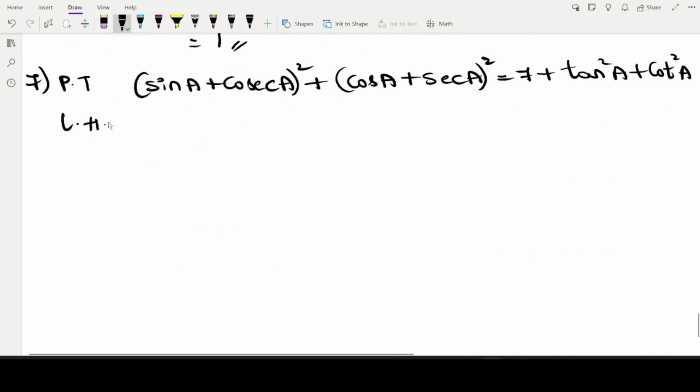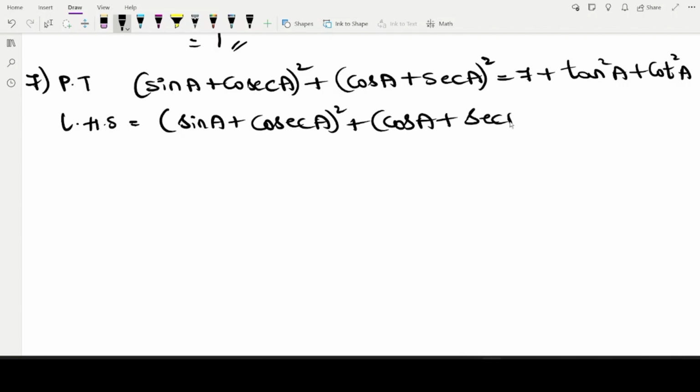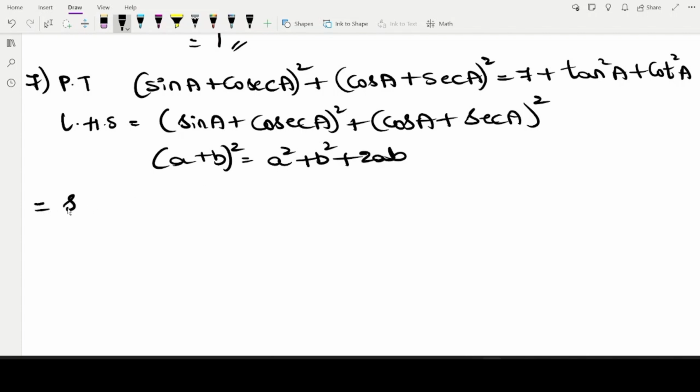Here is the LHS part, sin a plus cosecant a whole square plus cos a plus secant a whole square. We are using the formula a plus b whole square equals a square plus b square plus 2ab. Now let me substitute the values. What is a in the first part? Sin square a. B is cosecant square a, plus 2ab.